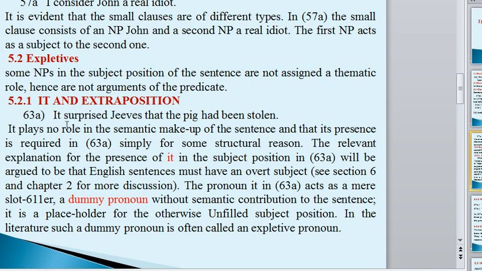We cannot omit the subject of English sentences. We should have an overt subject in each sentence in English. So the pronoun it here acts just as a mere dummy pronoun, without semantic contribution to the sentence.